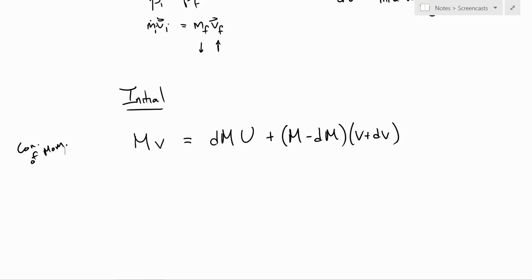So, what the book wants to do is introduce this relative velocity. And this is the velocity of the rocket relative to product.